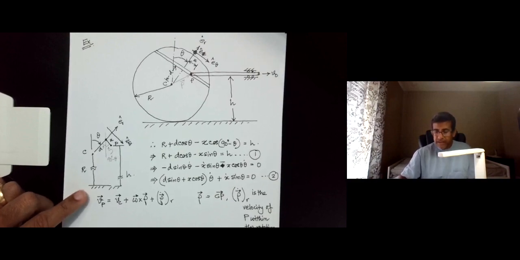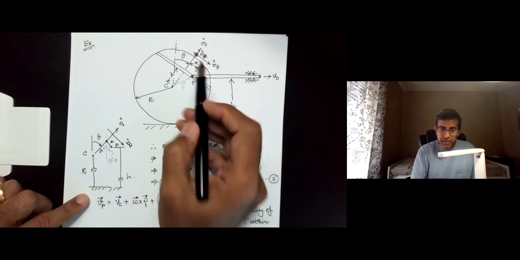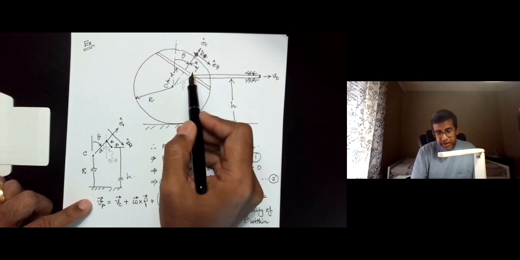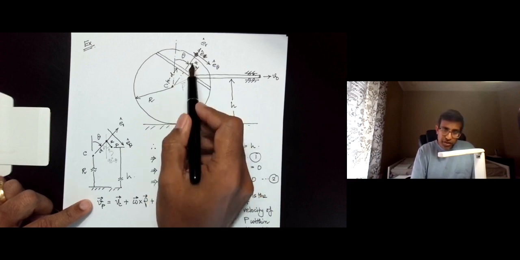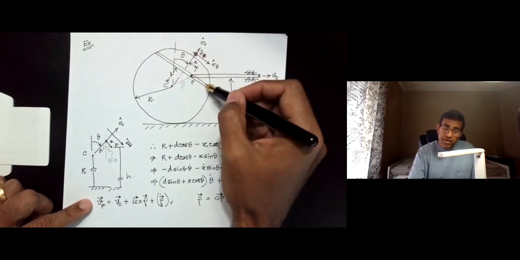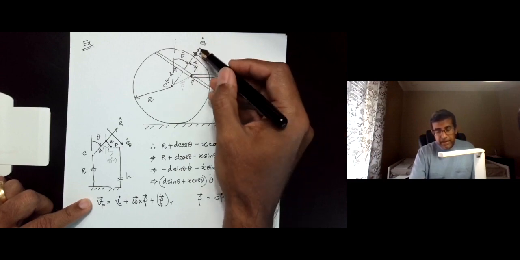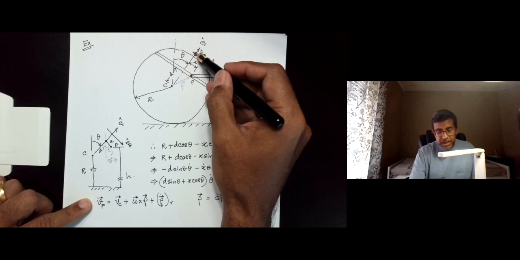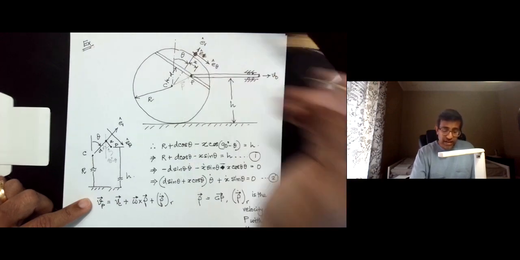Now let us understand for a minute how this reference frame is being defined. The r theta reference frame is fixed to this rigid body in this direction. So r is always going to be perpendicular to the slot, theta is always going to be parallel to the slot, and we are defining it such that r is passing through the center.